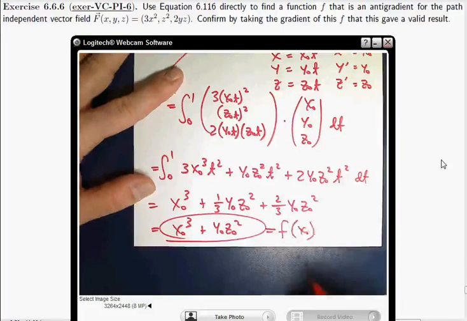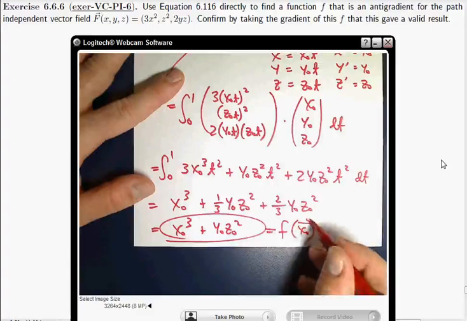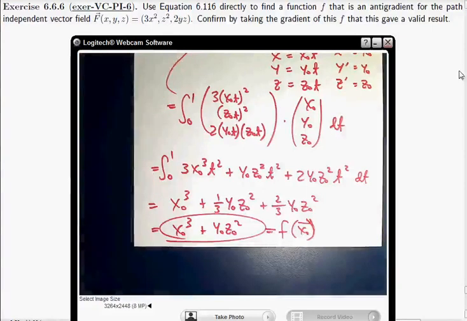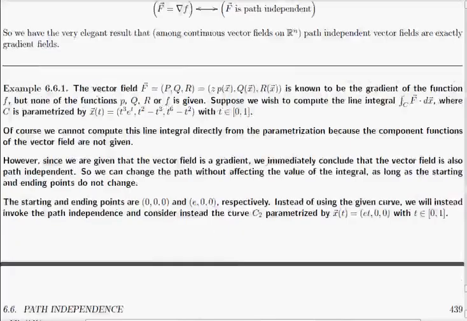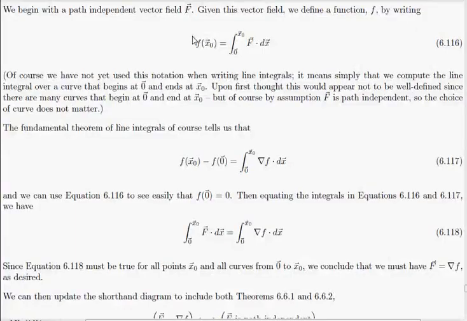Now there's a little dummy variable discussion that I should give. Keep in mind, the reason that I defined this function in terms of x naught is because I really needed to reserve x to describe the parametric curve that I was going to be using. But normally, of course, once you know the formula for a function, you can rewrite it in terms of whatever variables you'd like.